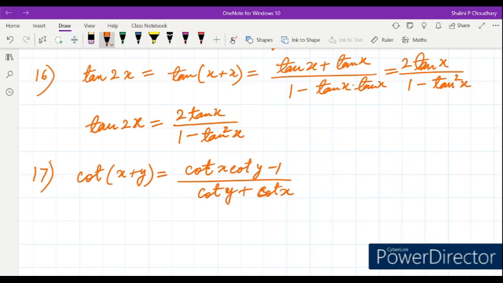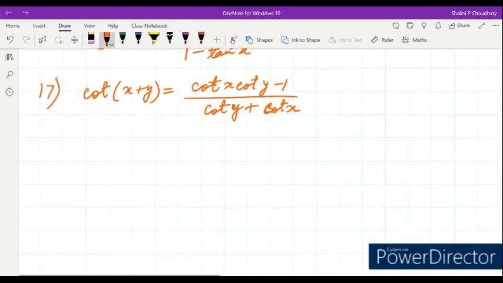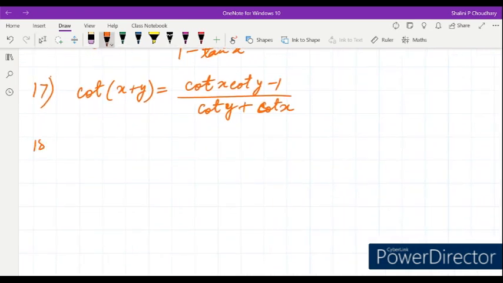Okay, this is the formula, and now we can also derive this one. Okay, the same kind of derivation here. You have to take cot x plus y, and cos x plus y divided by sin x plus y, and everything you have to divide by sine. Okay, sin x sin y you have to divide. You'll get the value.